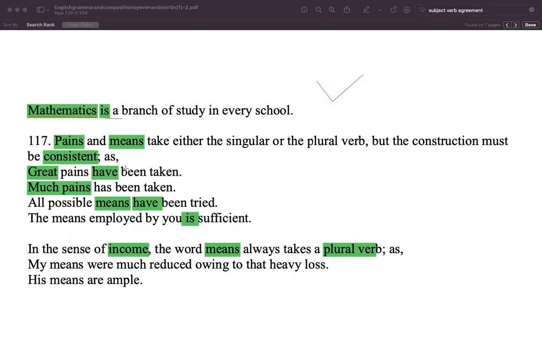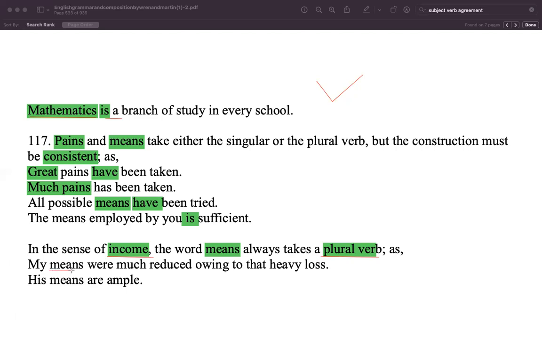So many pains it is telling about. Similar to that, if I am talking about means, means have a different meaning, right? In the sense of income, the word means, if you are earning, right? So in the sense of income, means always takes a plural verb, right?